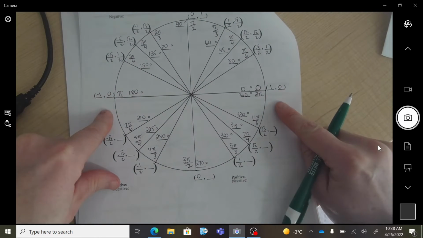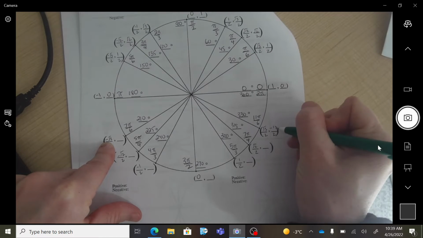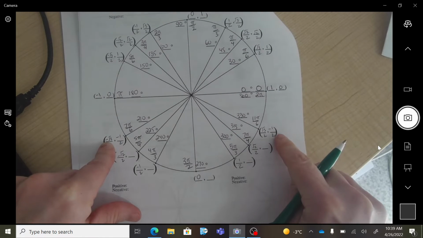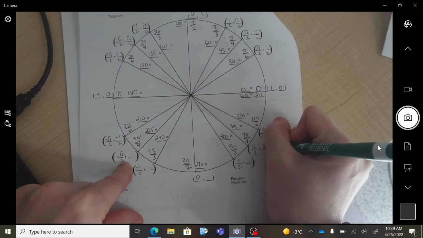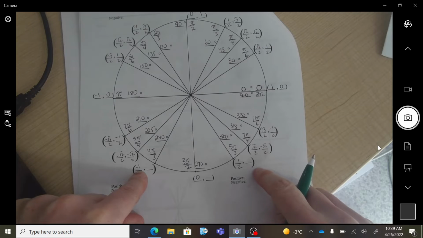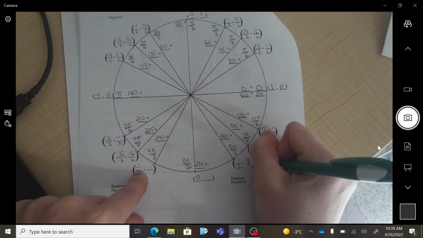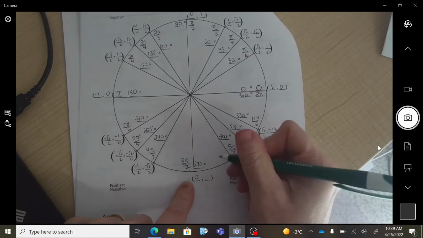Reset, height 0, go down, so negative a half. Go down, so this height is negative root 2 over 2. Go down, so negative root 3 over 2. Go down, negative 1.